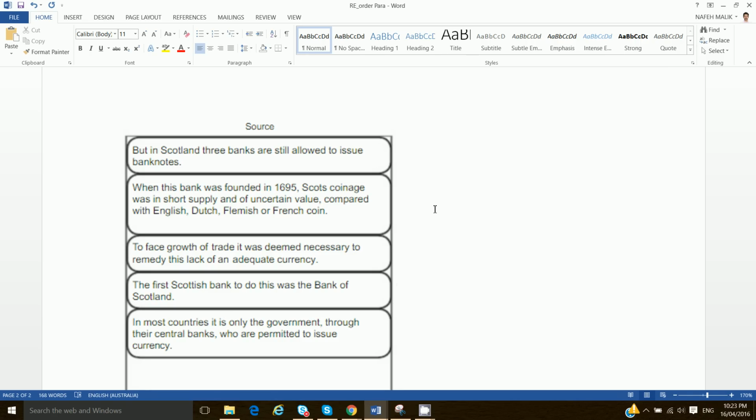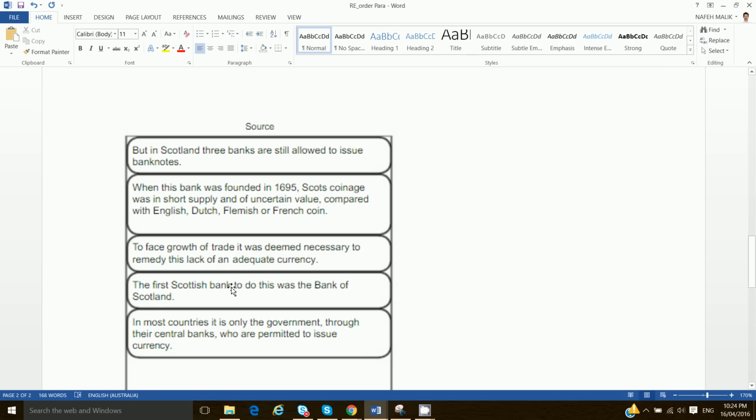The first sentence says that in most countries it is only the government. Now in the Scotland scenario, 3 banks are allowed to issue. Can you see how the story is being carried forward?